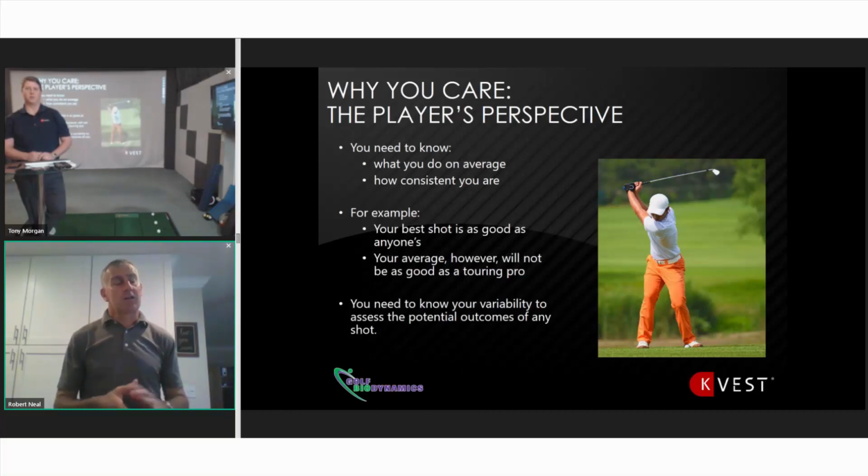So right, you go, all right, this guy delivers the club 5 degrees to the left, but he does it really consistently. Maybe we should not worry about trying to change that pattern and instead ensure that his alignment's better and things like that would allow him to go out and play better golf.